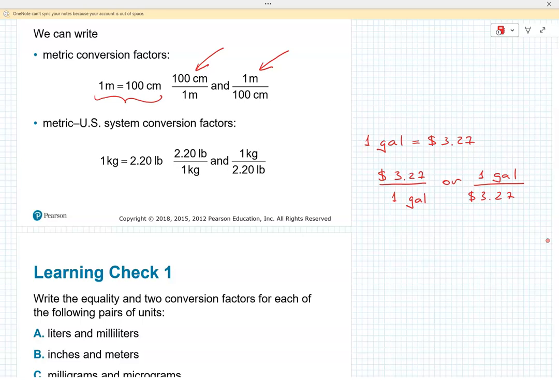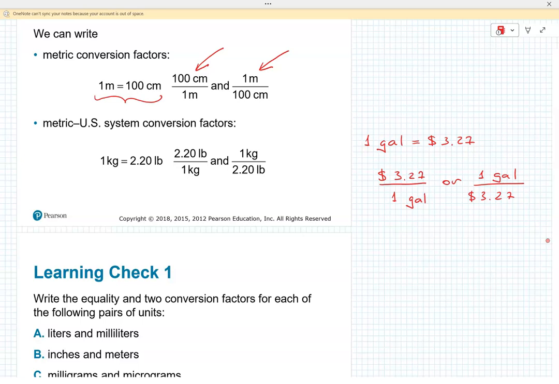So imagine you need 5 gallons. How much money will you have to pay?